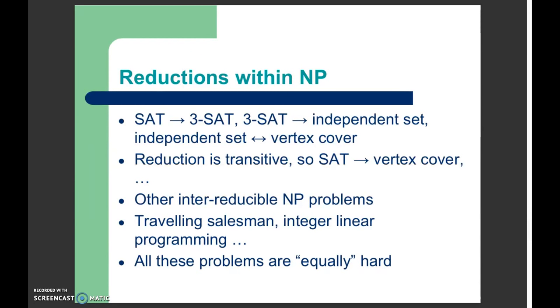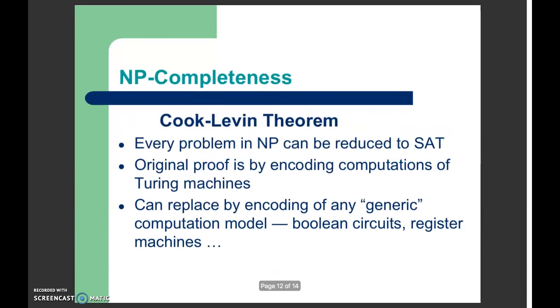That is, if x is related to y and y is related to z, then x is related to z. And so is the case here. So we can say that SAT is reducible to vertex cover. Other interreducible NP problems are traveling salesman, integer linear programming, etc.